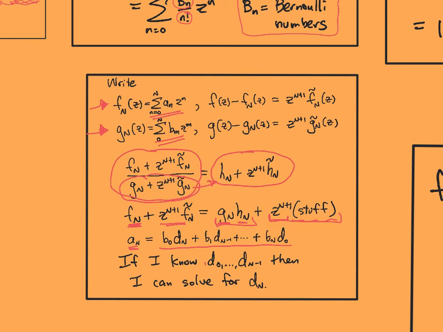And if I already know d0 through dn minus 1, and I know that b0 is non-zero, well, I can solve for dn in this. So I guess I would get 1 over b0 times an minus all of these terms here.